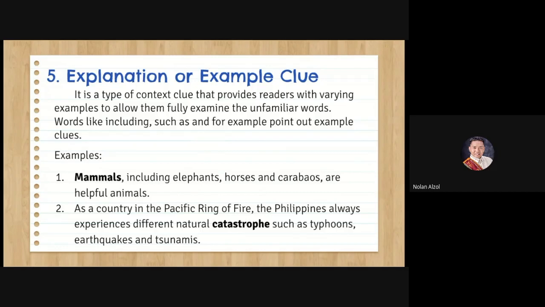Second example, as a country in the Pacific Ring of Fire, the Philippines always experiences different natural catastrophe, such as typhoons, earthquakes, and tsunamis. The words such as signal example or explanation. Therefore, we can say that catastrophe means disasters or calamities such as typhoons, earthquakes, and tsunamis.